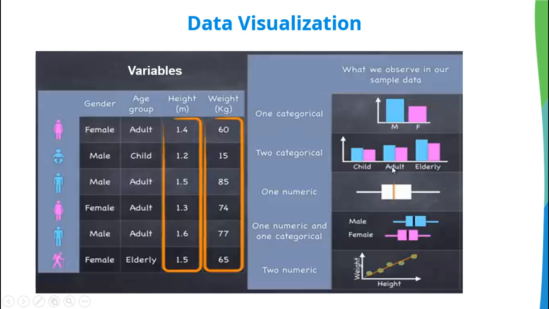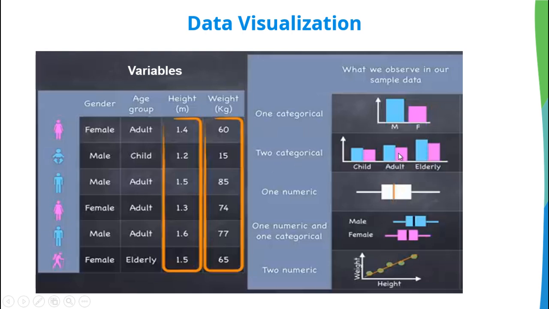Among the adults, children, and elderly, we have male and female. A child could be male or female, an adult could be male or female, an elder could be male or female. So this is called two categorical variables combined together.